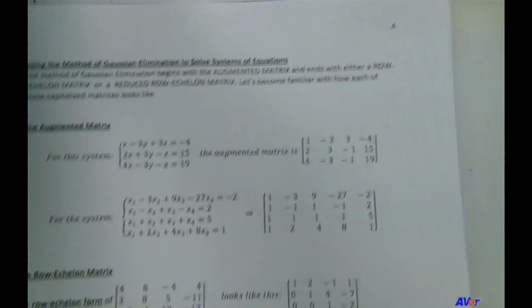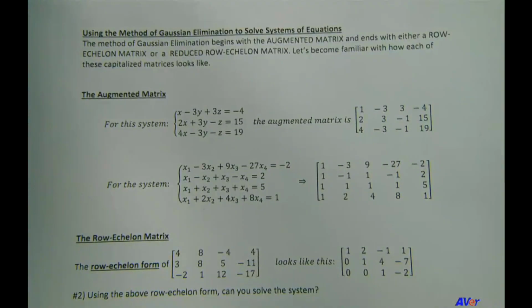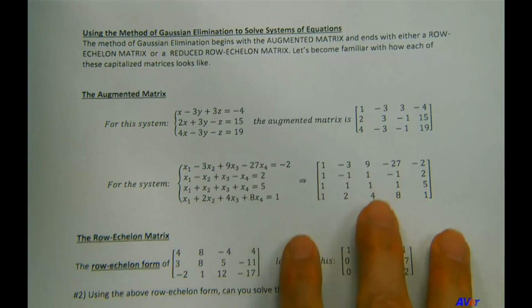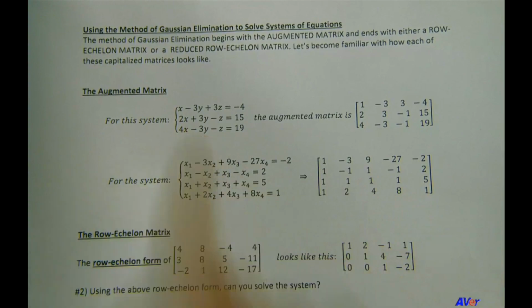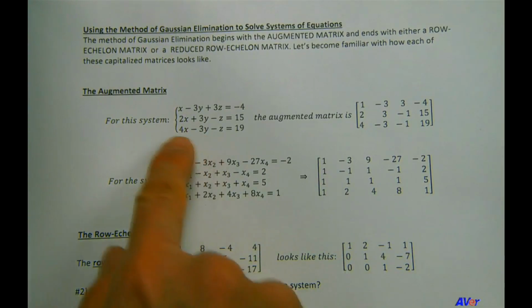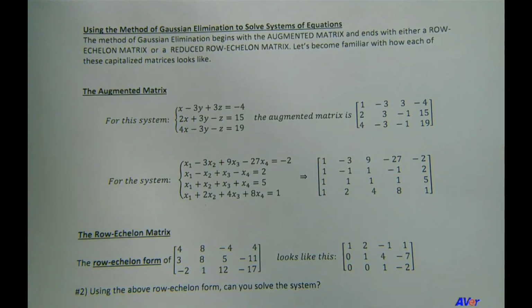Okay, so finally we get to the method of Gaussian elimination. Now in this method, as you can see right from the top here, we no longer deal with variables x, y, z per se, at least not directly, but we will deal with their coefficients.